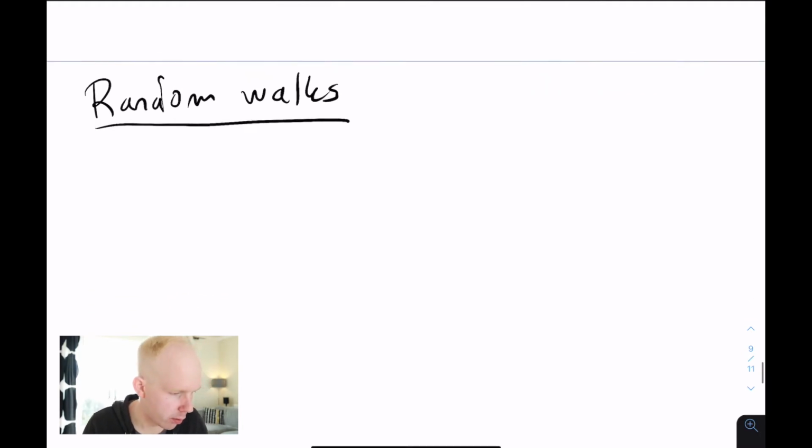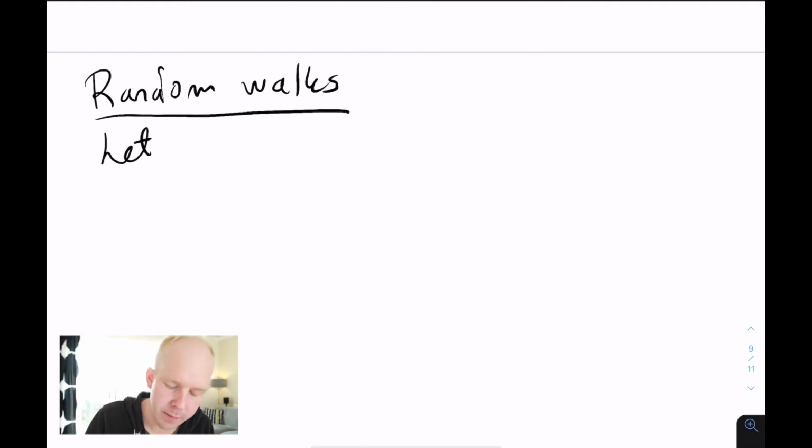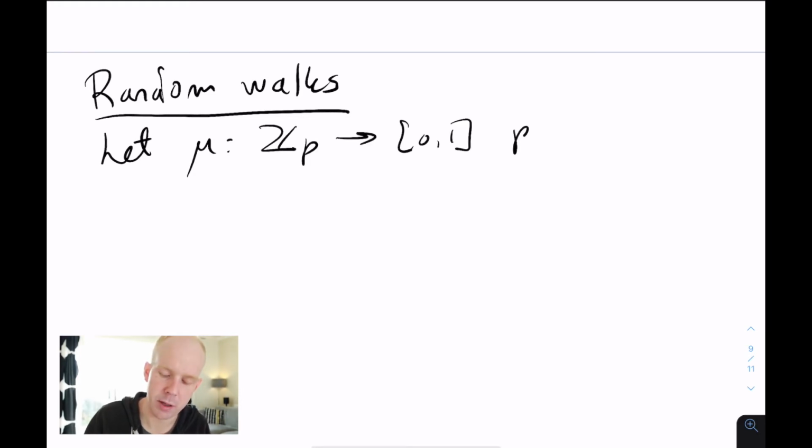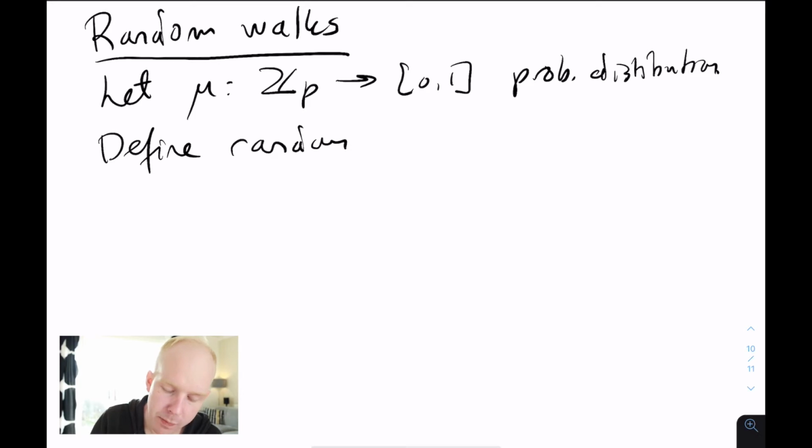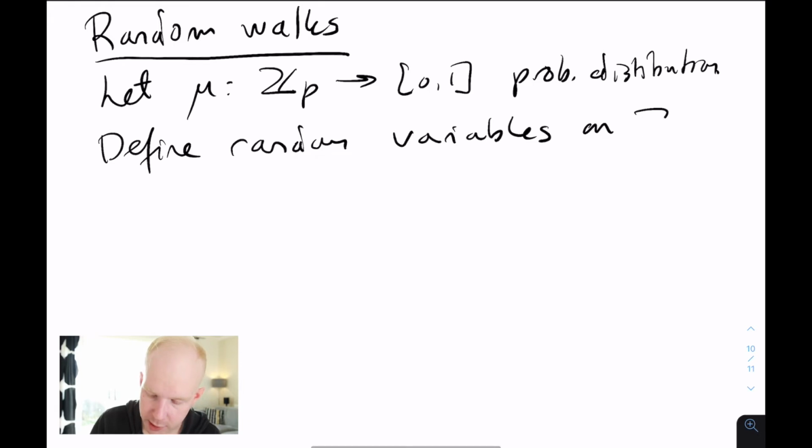So let's first fix a probability distribution mu on Z_p, and define random variables on Z_p as follows.